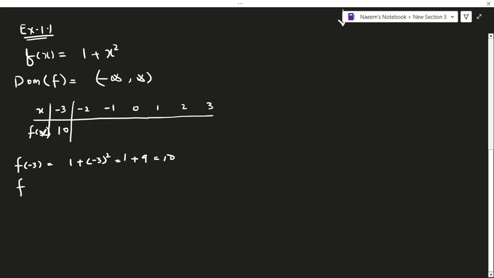And f at -2, put -2 in this function and you will find 1 plus (-2) square, it will be 1 plus 4 equal to 5.